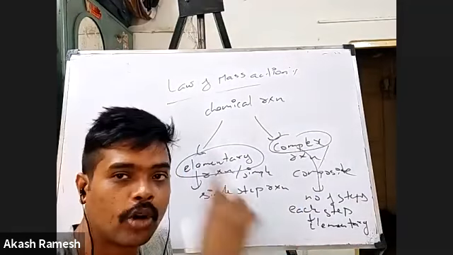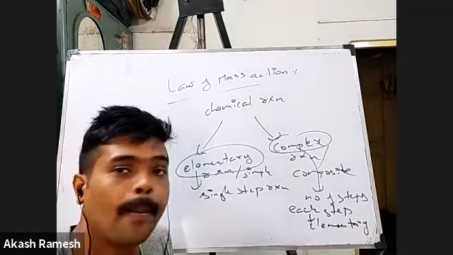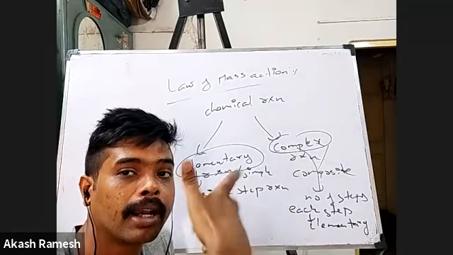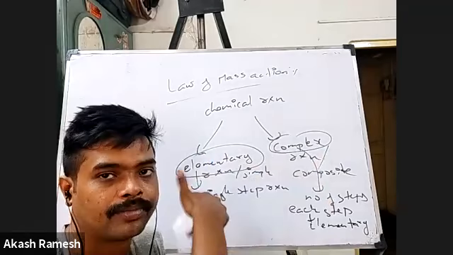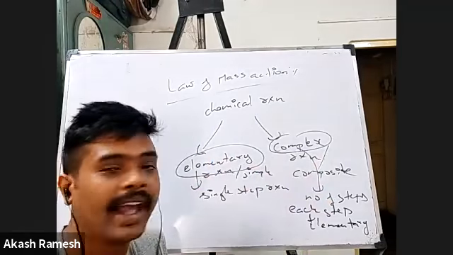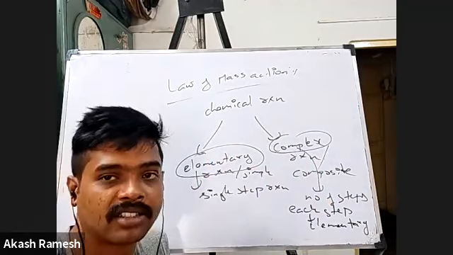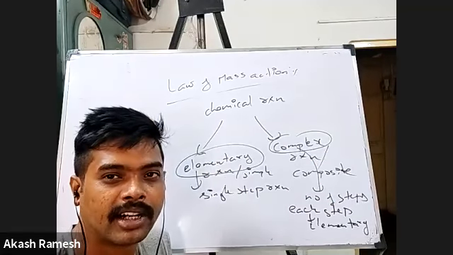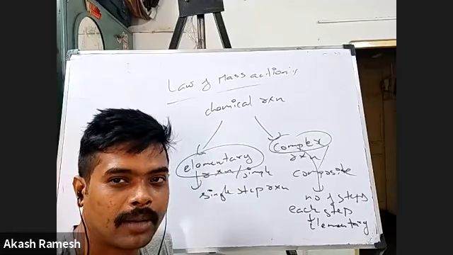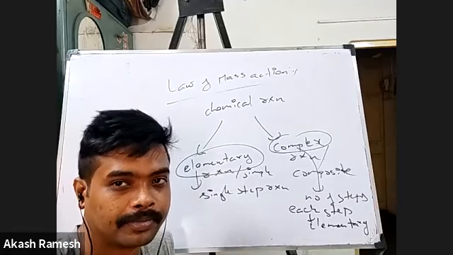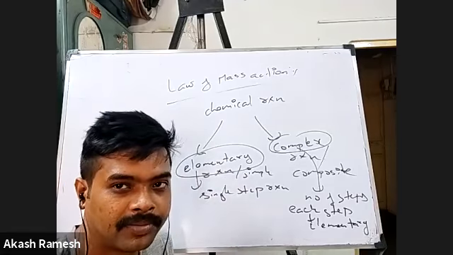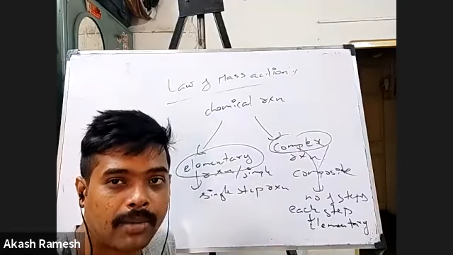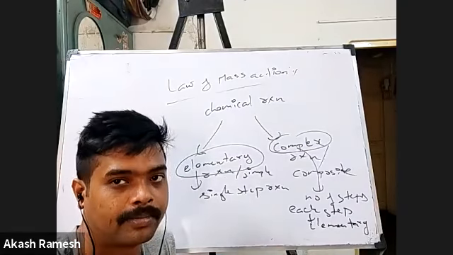Elementary reactions are over in a single step, and complex reactions are made up of many elementary steps. That's the correlation between elementary and complex chemical reactions. The best example I can give you, you already studied in your organic chemistry. An elementary step example can be SN2, a single step process, and a complex reaction example can be SN1, because it has two steps.